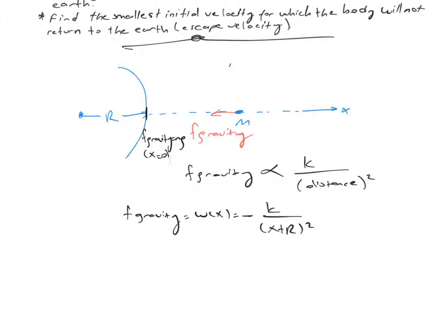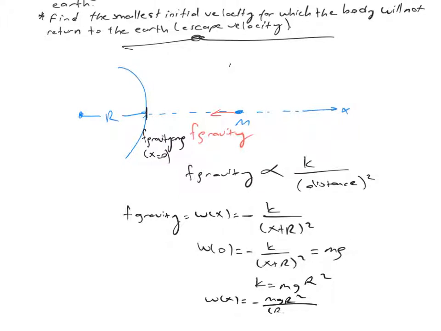So omega of 0 is equal to minus k over (0 plus r) squared, which is equal to mg. And from here, k is equal to mg r squared. So omega of x is equal to minus mg r squared over (r plus x) squared.